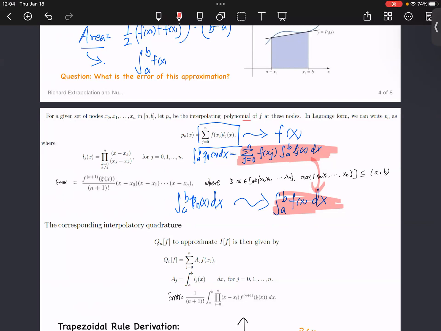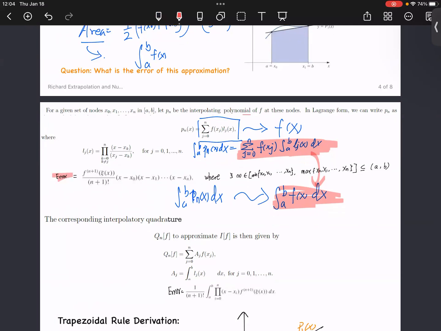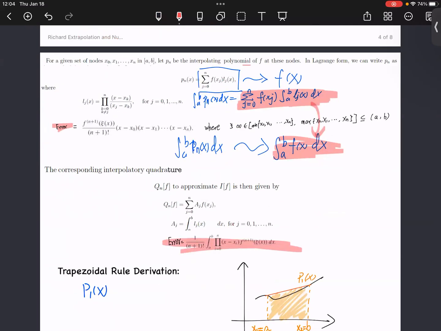The error should also be the integral of the error term here. The error term is also the integral, just the integration from a to b of this error function, and it's here.